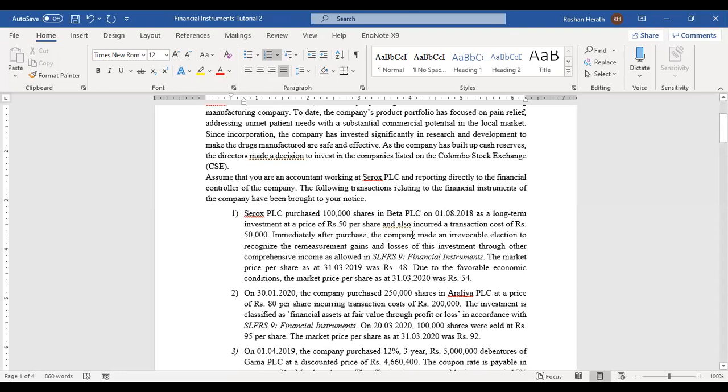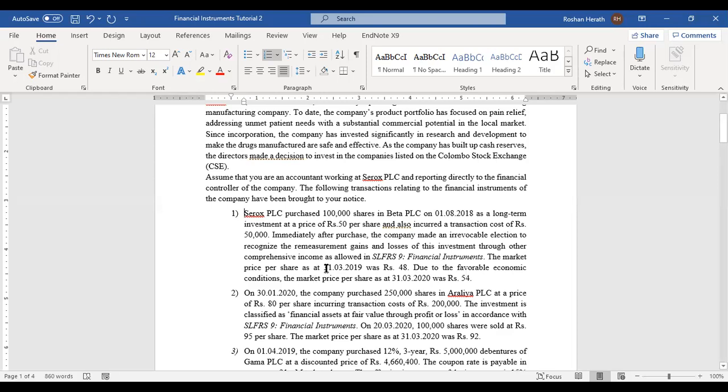Immediately after the purchase, the company made an irrevocable election to recognize the remeasurement gains and losses of this investment through other comprehensive income, as allowed in CFRS 9 Financial Instruments. So you got the option which is irrevocable, in the sense you cannot change it later. So once you made it, that has to be applied throughout the time that you hold the investment.